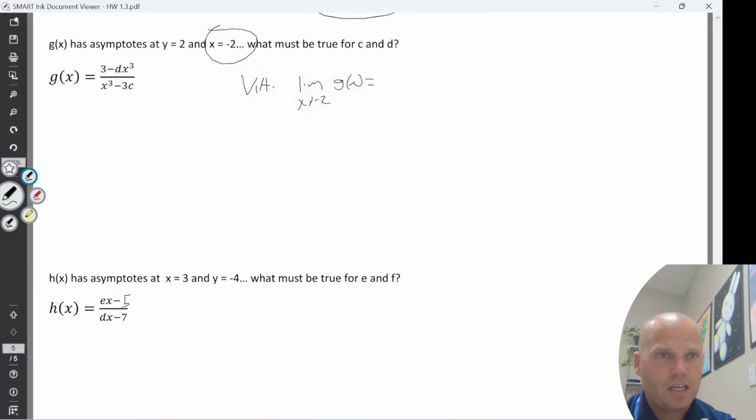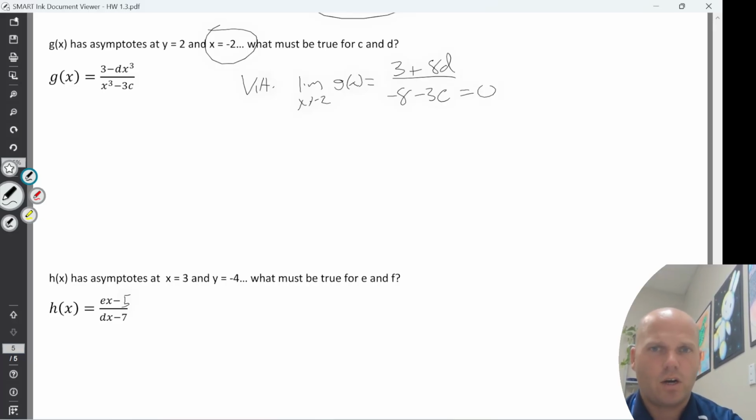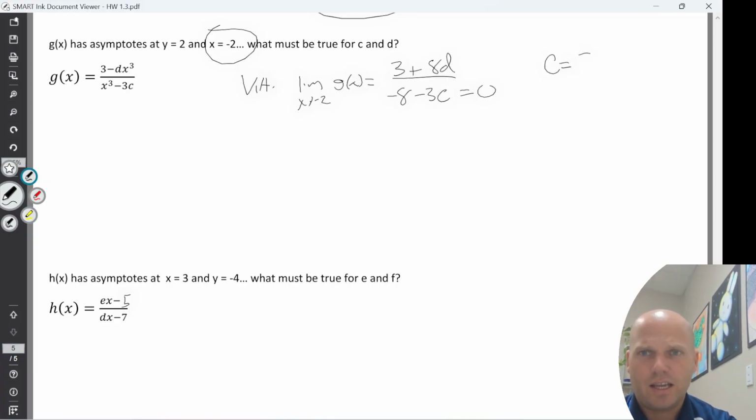So if I plug in negative 2, I get 3 times positive 8d over negative 8 minus 3c. Well, I know that bottom needs to equal 0 for us to have a vertical asymptote. So I get c is negative 8/3.